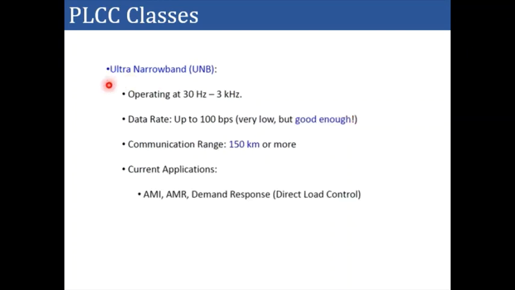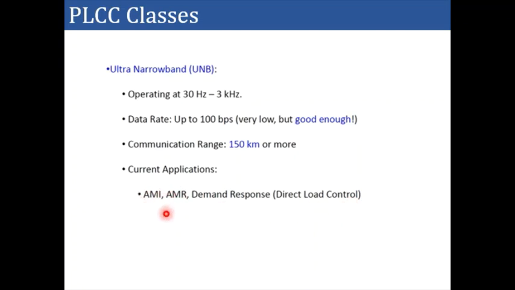The third one is ultra narrowband, where the operating frequency is 30 to 3 kilohertz and data rate is up to 100 bits per second, which is very low, but it is good enough for sending the commands or activating any device, particularly in case of demand response program.